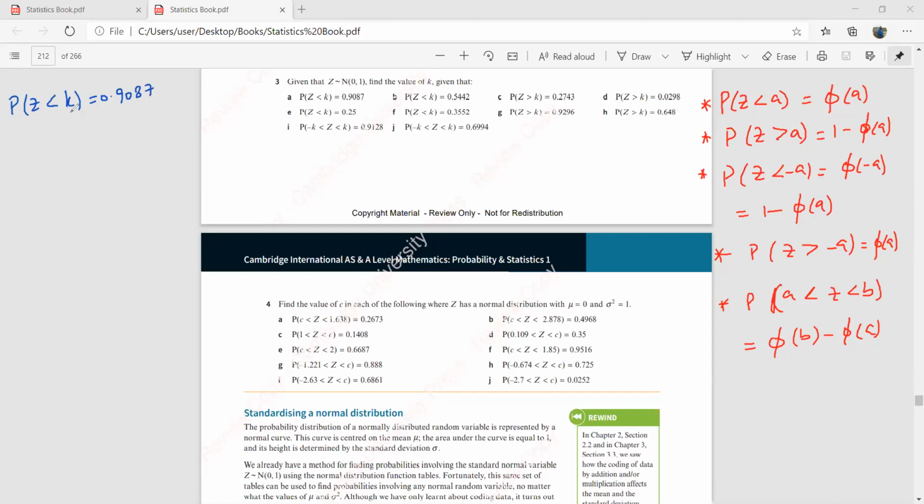So you will write this as phi of K, which is 0.9087. So K would be phi inverse of 0.9087.